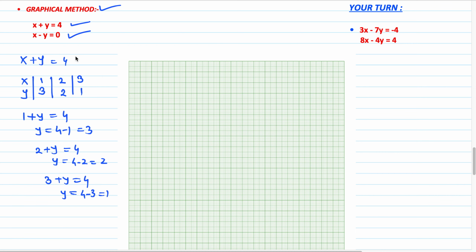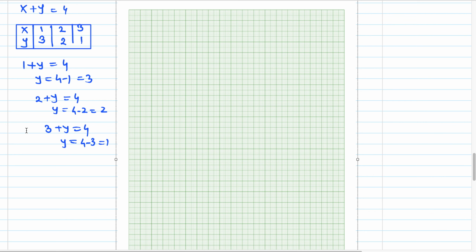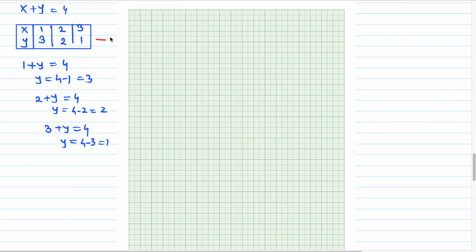So these are the corresponding values we have got. Now we have selected 3 points: 1 comma 3, 2 comma 2, and 3 comma 1. So this is for line 1.